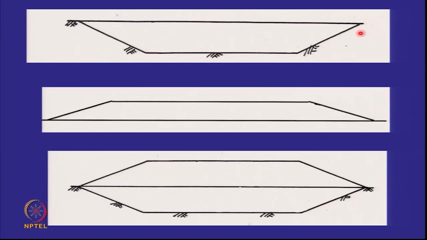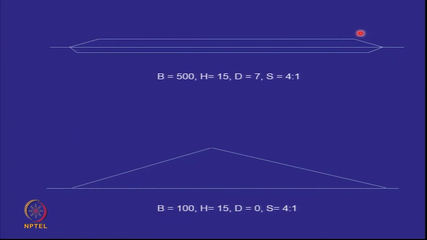So if I want to look at this in the correct dimensional perspective, I come here. I've just taken the scale that this is about 500 meters long, and as I said, typically the height will be restricted to 15 meters, so that's 15 meters, and here the depth has been restricted to 7 meters.